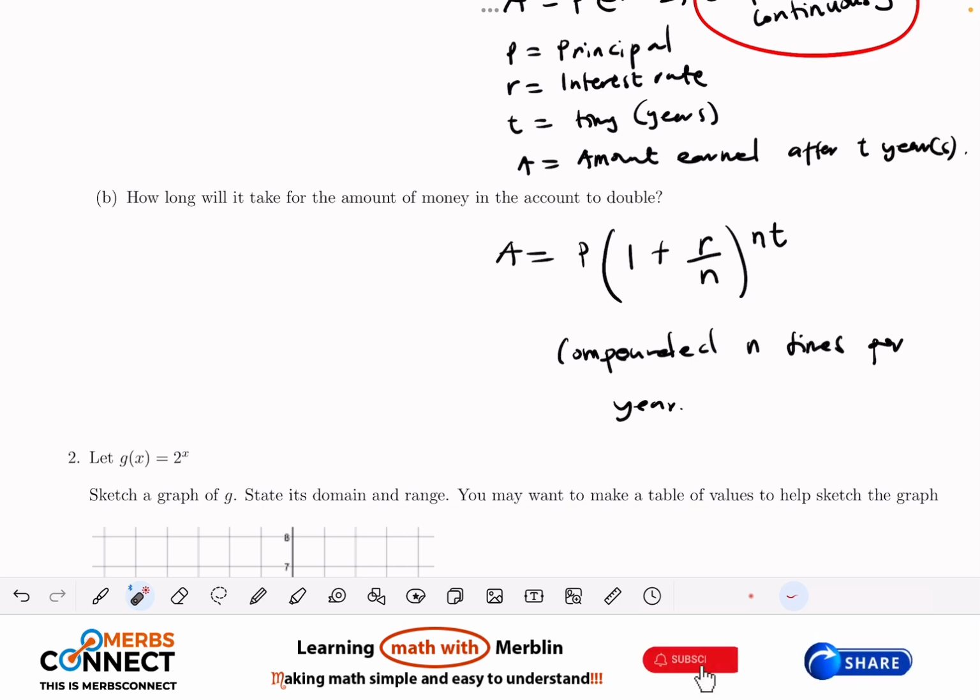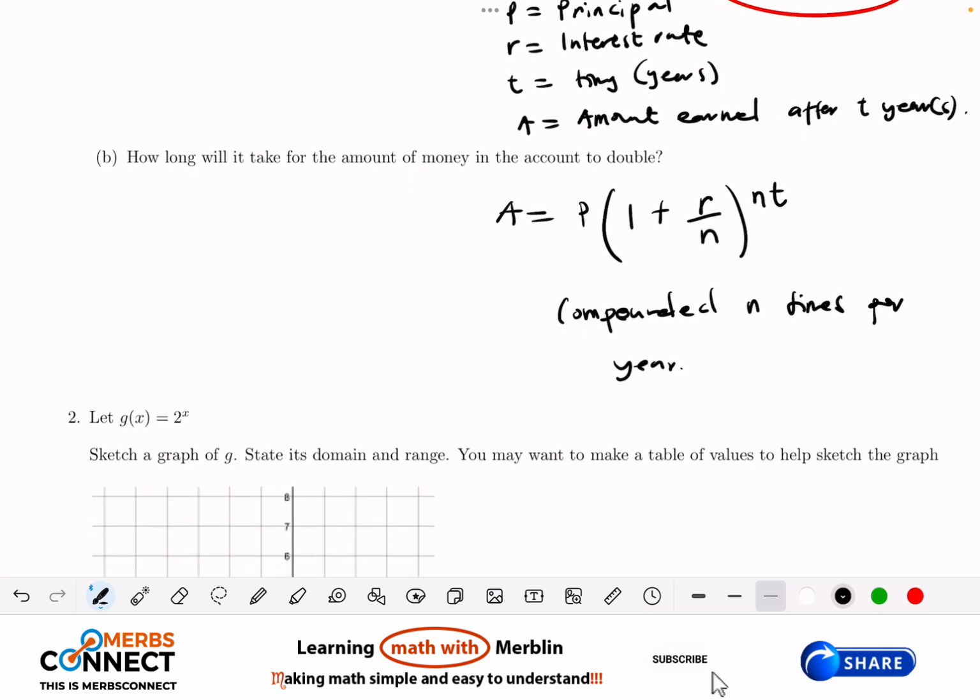So we can talk about quarterly. So how many quarters in a year? 4. So it means that it's going to compound 4 times in a year, semi-annually, quarterly, in a year. We can also talk about monthly. Good. So that is the idea.